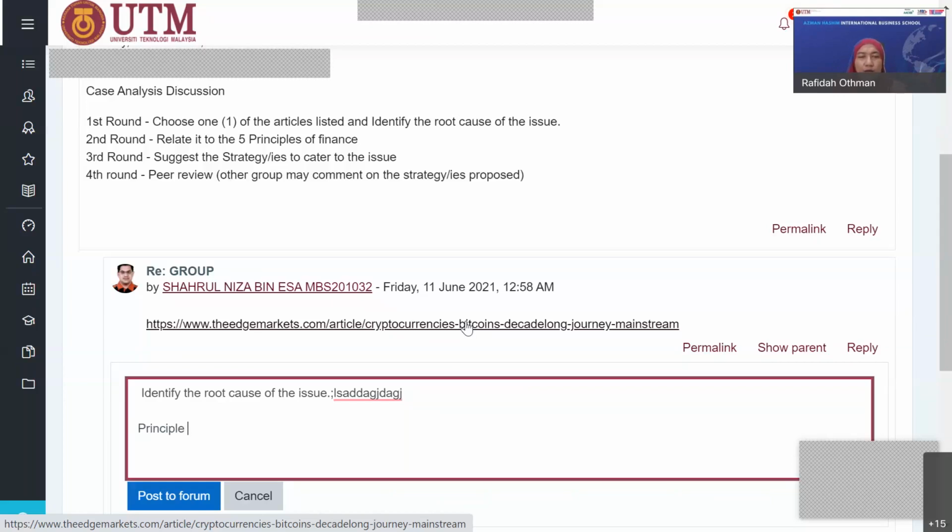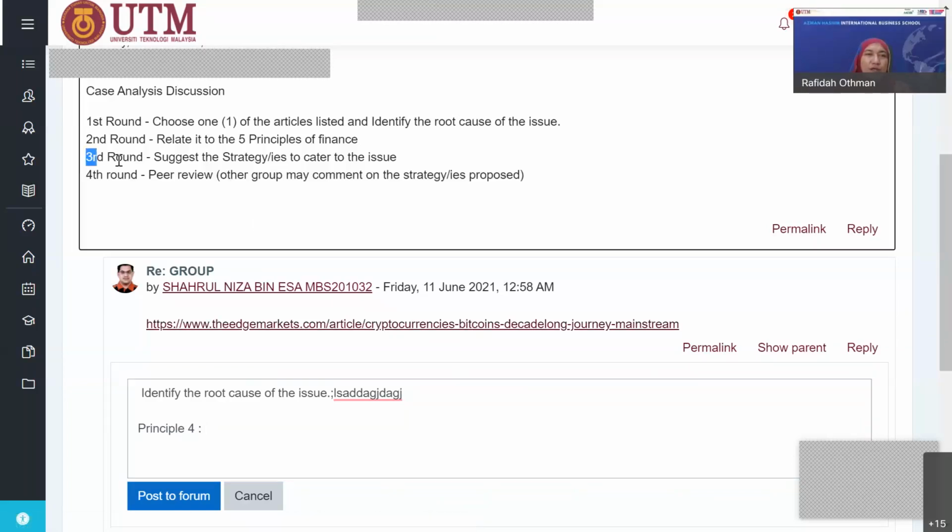So principle 4, what is stated in principle 4, and how is this issue or this article relating to principle number 4? Explain.